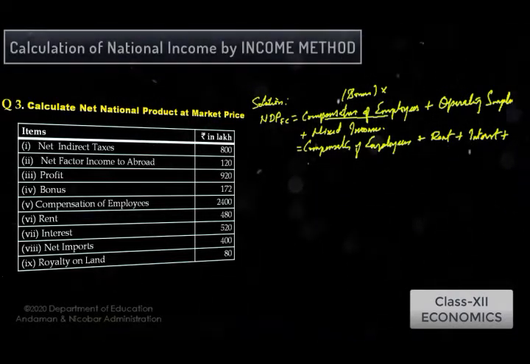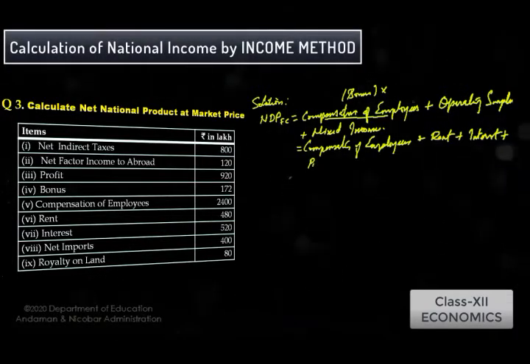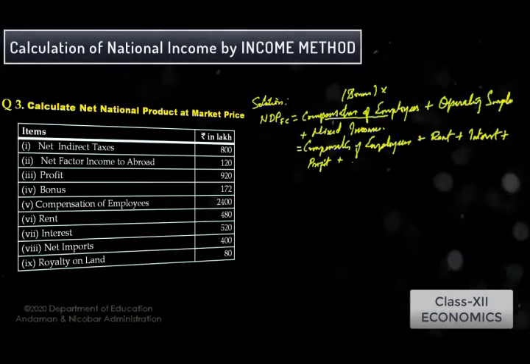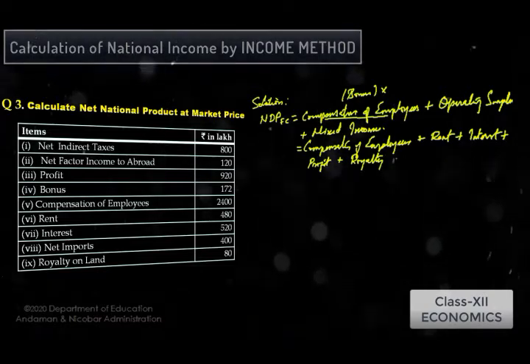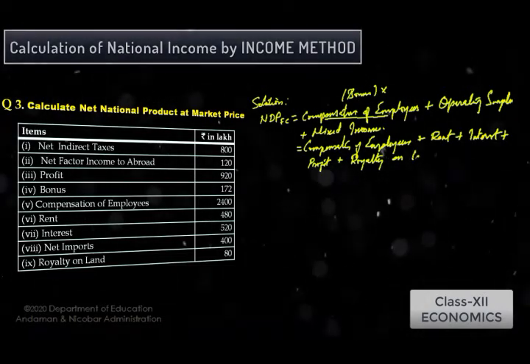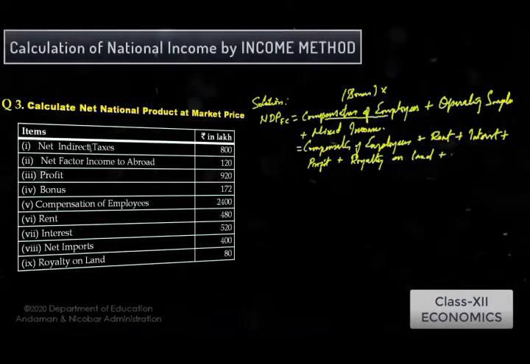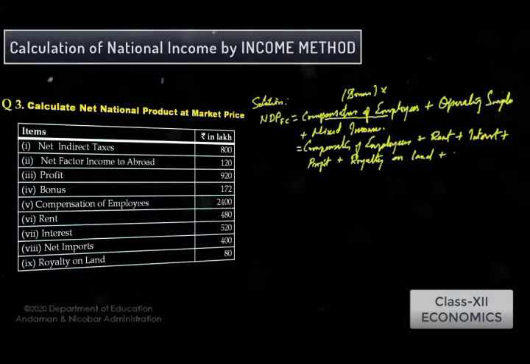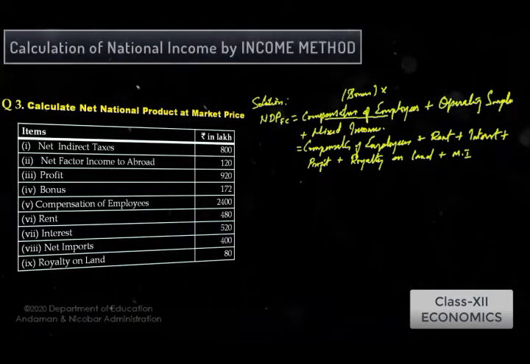Profit is given in the third item of the table, and at last in the operating surplus we have the value of royalty on land, and with it the mixed income. Here mixed income is not given in this question, so that value will be written as 0.